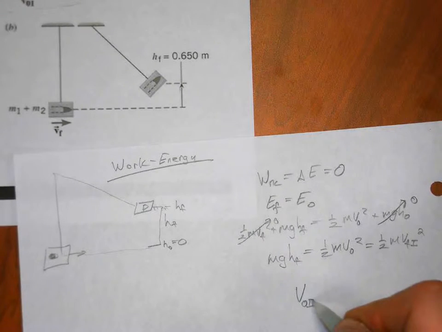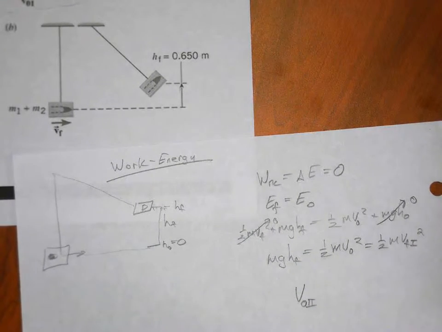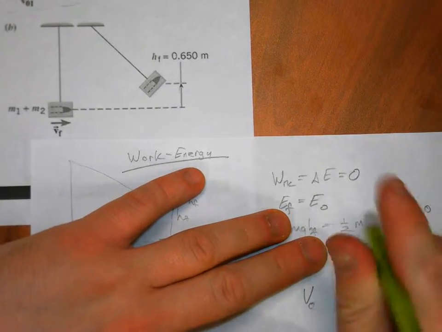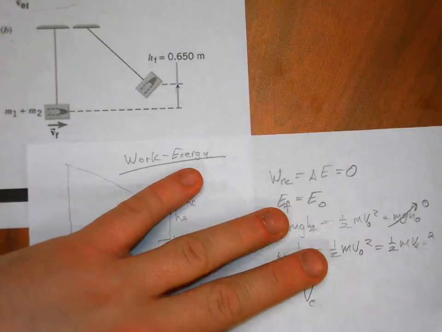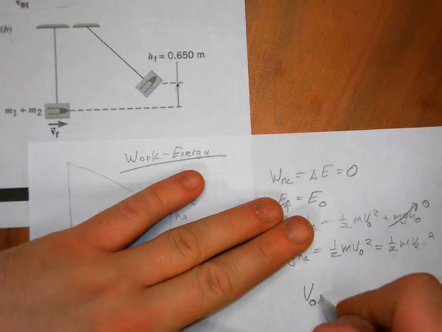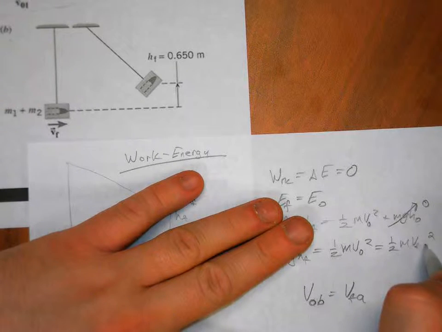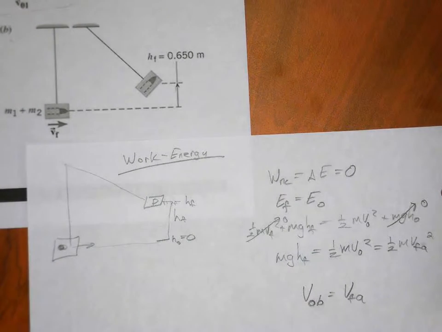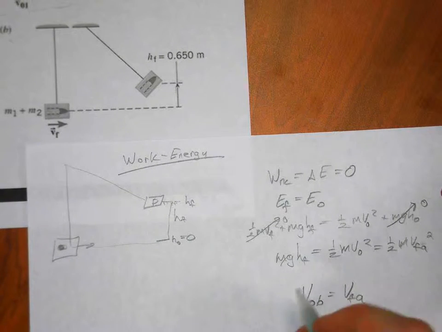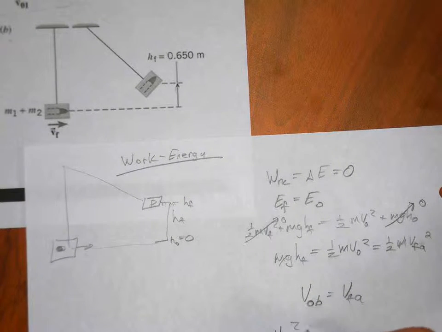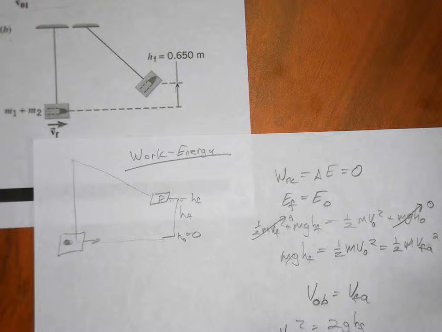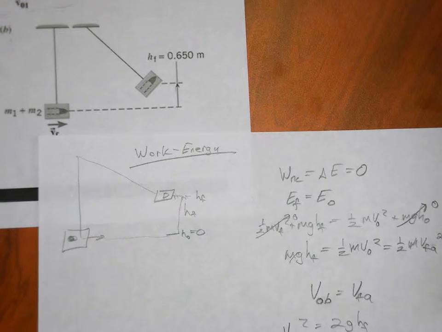So V0 from part 2, I guess I should say B, excuse me, because we've got these scenarios labeled A and B. So V0B equals V final A. So we're going to solve for V final A. You'll note that the masses cancel out of each side. I multiply each side by 2. V final A squared equals 2GH final. V final A equals the square root of 2GH final.